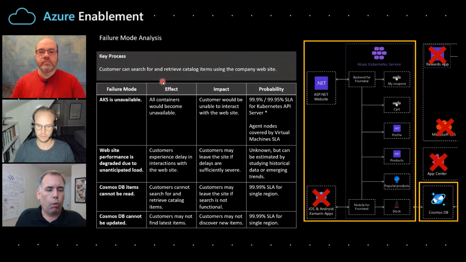So once we have the components identified, then essentially we're looking at 4 factors. We're looking at what are all of the ways that we could imagine that each component could fail. What is the effect of that failure? What is the impact on the larger solution? In this case, the larger process, which is a customer's ability to search for catalog items. And then what do we know about the probability that that kind of failure mode is going to exist?